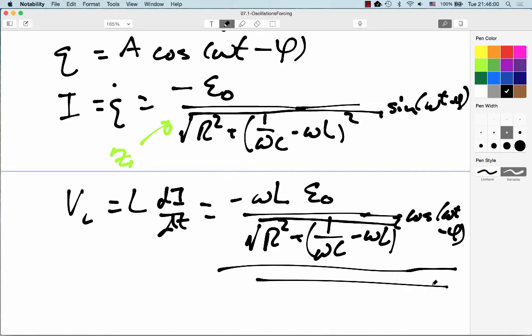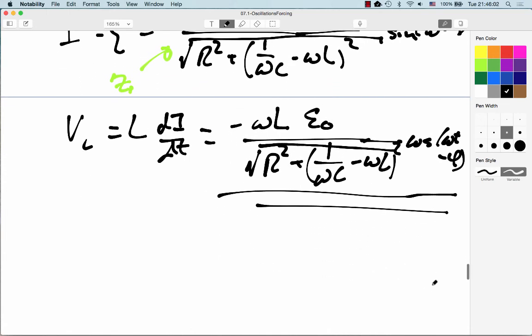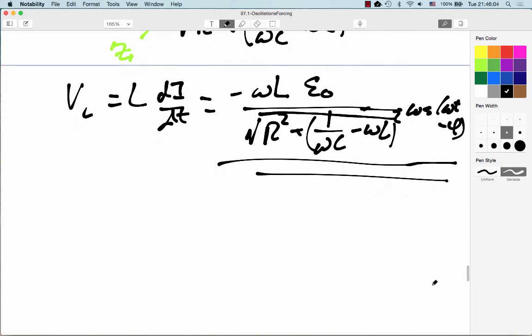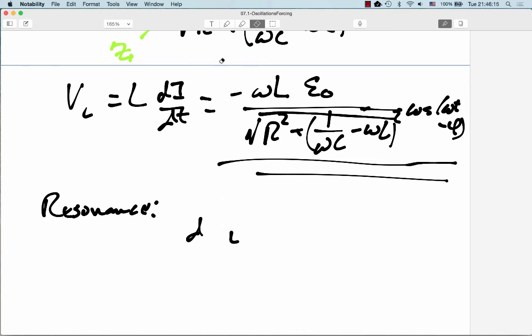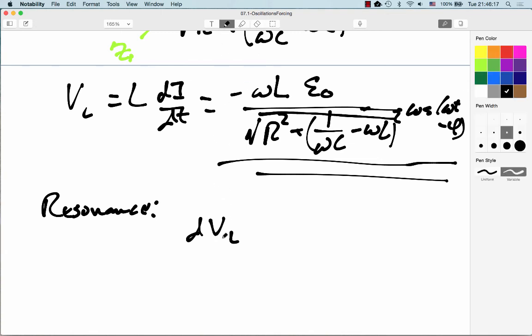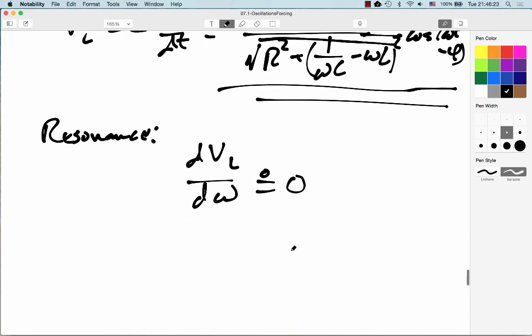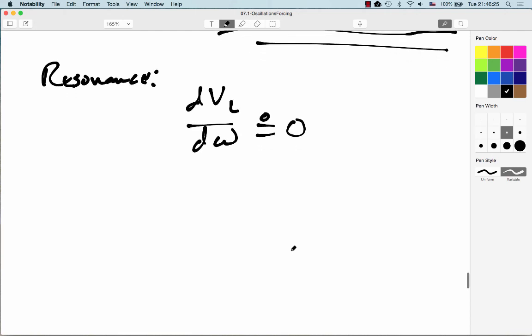Now, if you want to find where you would have resonance, we could differentiate the inductor voltage with respect to omega and demand that we have an extremum, so the derivative would be 0.